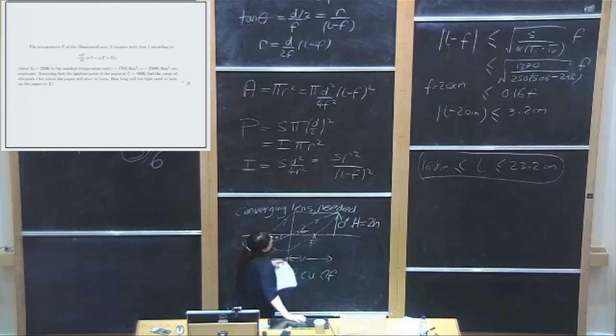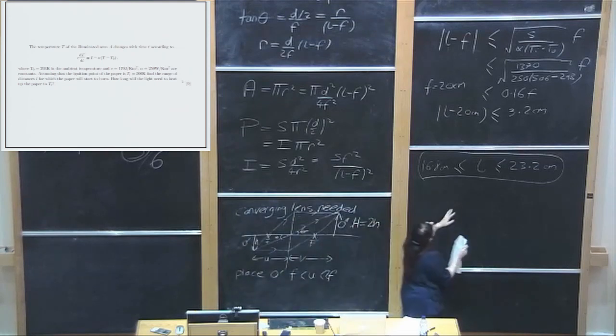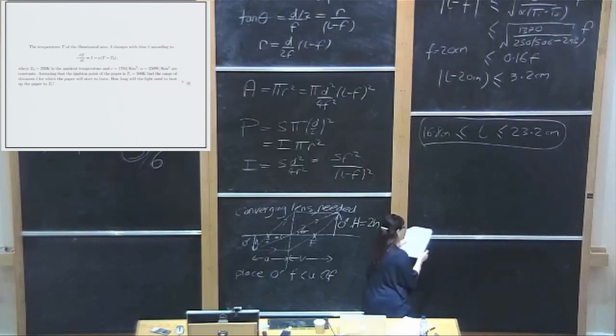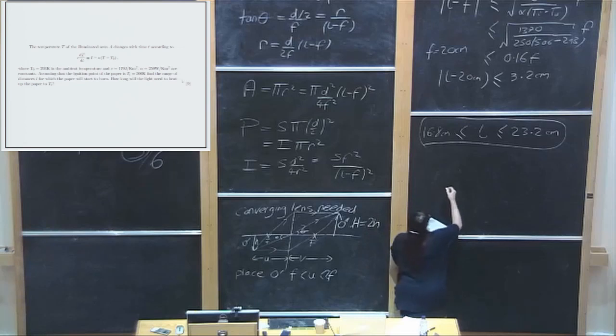Okay, so we've just used geometric optics so far, and then our knowledge of power or energy conservation, and then done a little bit of maths to figure out this range of distances L. Okay, so how long will it take?